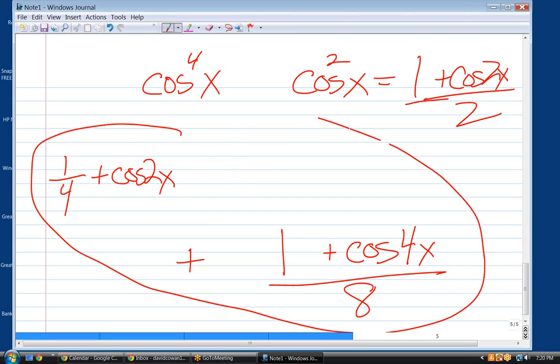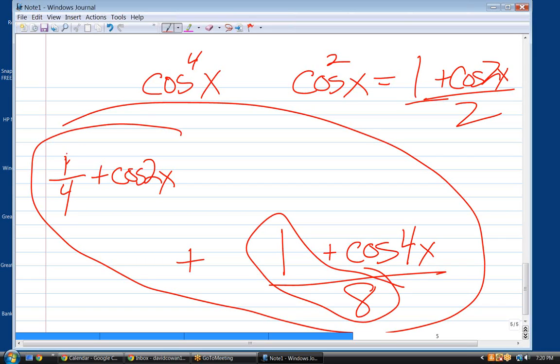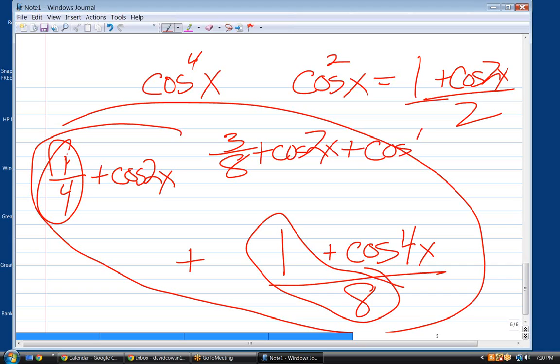And that can be simplified a little bit, but not a lot. We could pull a 1/8 out of there and combine it with the 1/4. And I suppose we should do that. That's 3/8 plus cosine of 2x plus cosine of 4x over 8.